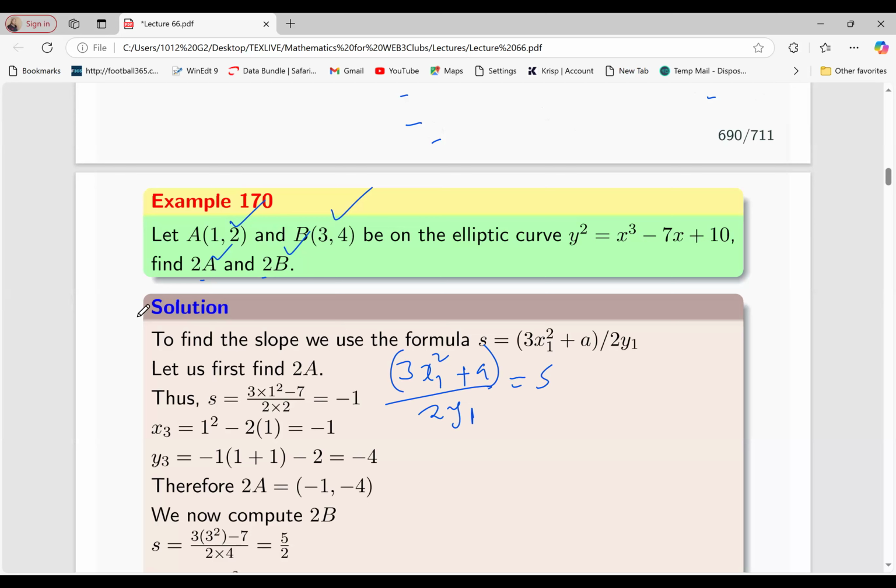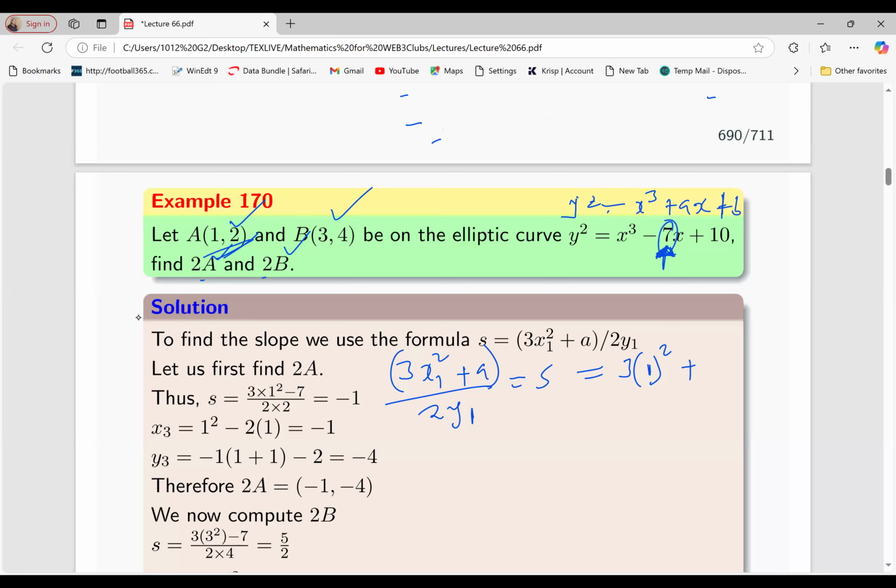So our point A is 1, 2. Therefore, what is this gradient? It's 3 multiplied by x squared, then plus A. A is from here. This is our elliptic curve, of the form y squared is x cubed plus ax plus b.